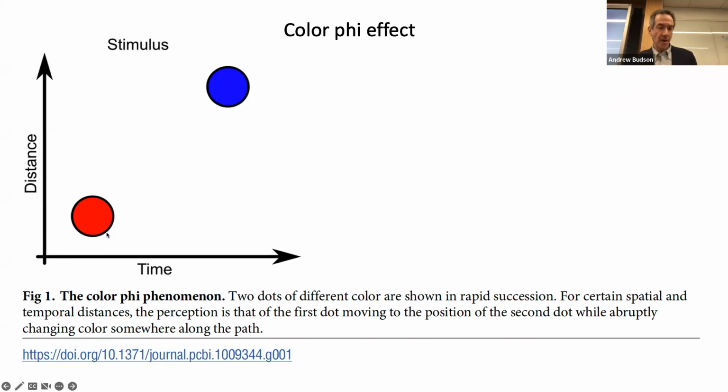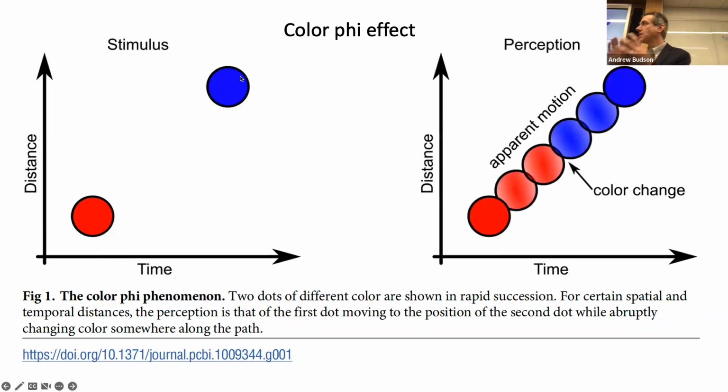If you have a red dot at the bottom of the screen, and then there's a little lag, and then you have a blue dot at the top of the screen, you do not perceive the red dot at the bottom and the blue dot at the top. What you actually perceive is the red dot moving, changing halfway through, and ending up as a blue dot. How is this possible?